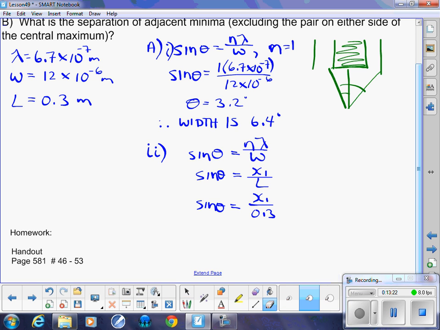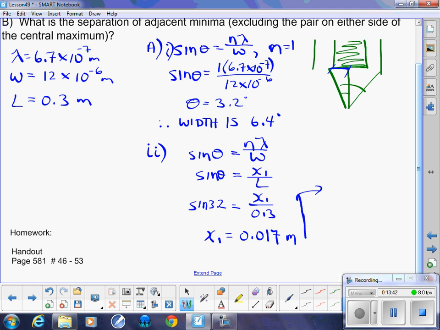Oops, and we know the angle, sine 3.2. So we got to use the answer from above to solve for x1, and we get 0.017 meters. Now you got to double that, right? Same reason.